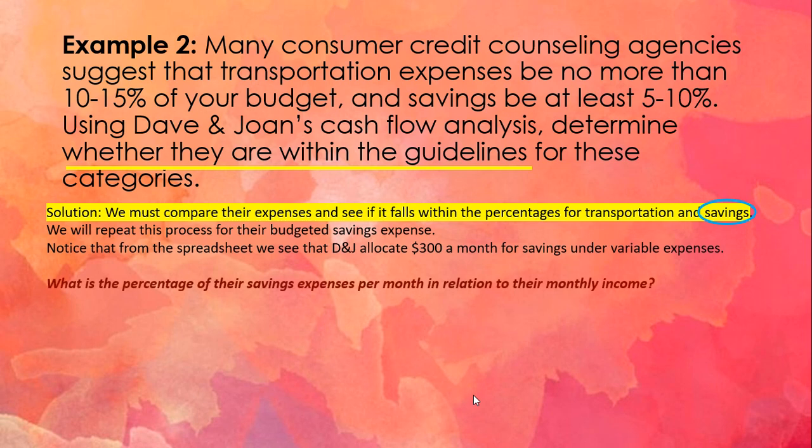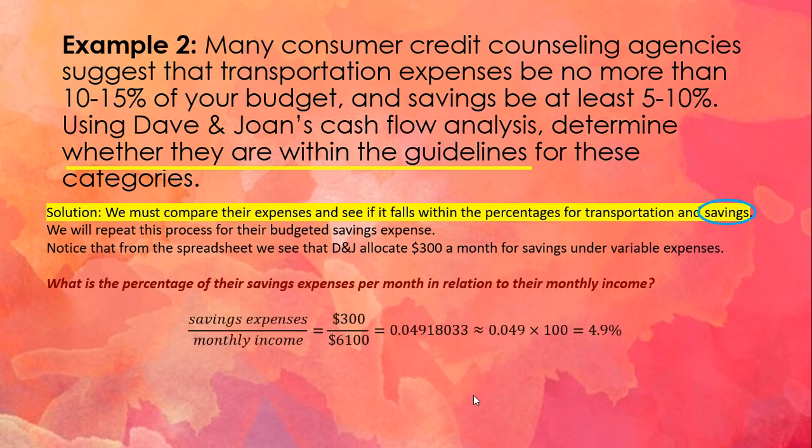So the percentage of that compared to their monthly income. Again, we're going to set up that proportion. Savings over monthly income, so 300 divided by 6,100 gives us 0.049. Multiplying that times 100 to get a percentage is 4.9%. So they are slightly below the suggested 5% in terms of savings.